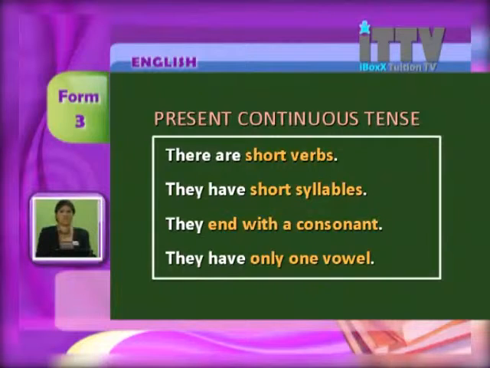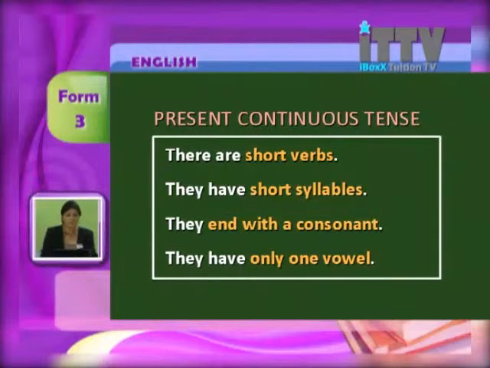But these examples that I've given you, they were just very short. They end with a consonant. Now just to recap, what are consonants? Vowels are A, E, I, O, U. Consonants are all that are not vowels. Alright, so most of these end with a T or a G.